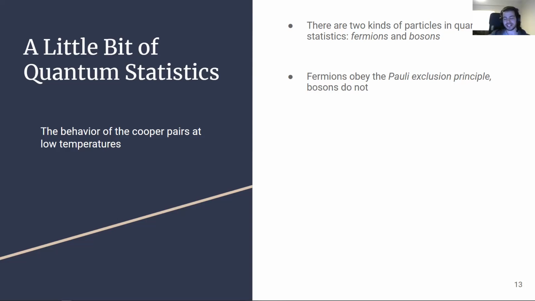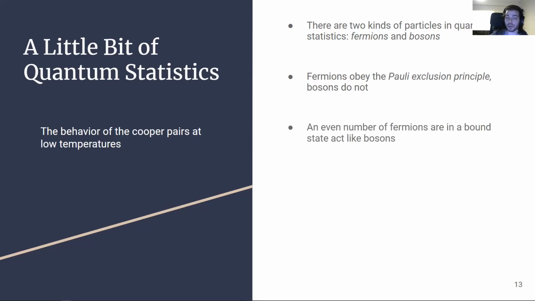So one last thing to mention is that a composite particle which contains an even number of fermions behaves like a boson. Now, since a Cooper pair consists of two fermions, which are two electrons, it could act like a boson.